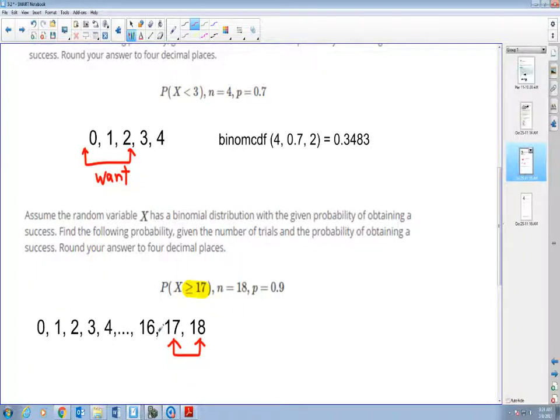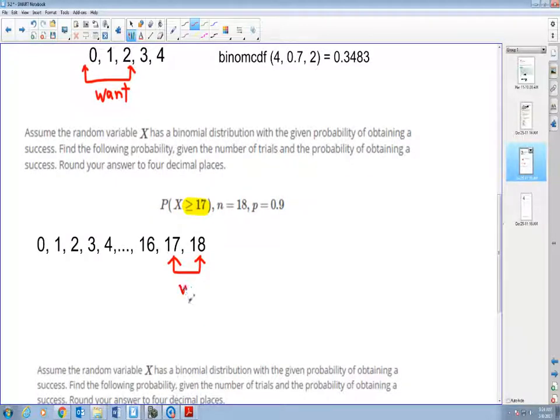So what I want is only the 17 and 18 on the back end. But if I do a CDF, the calculator will actually give me everybody before 17. So what we can do is use the complement rule. This is what I don't want.